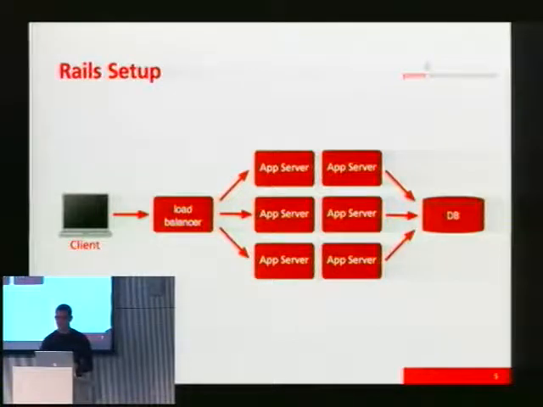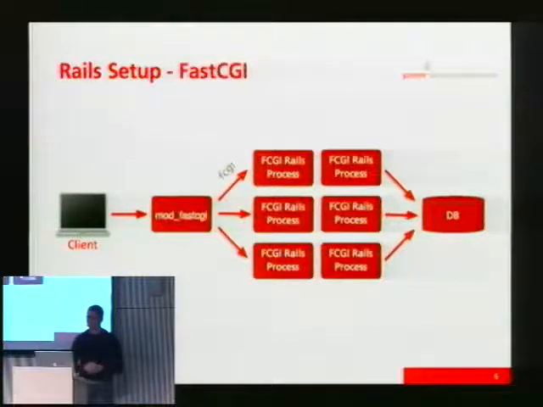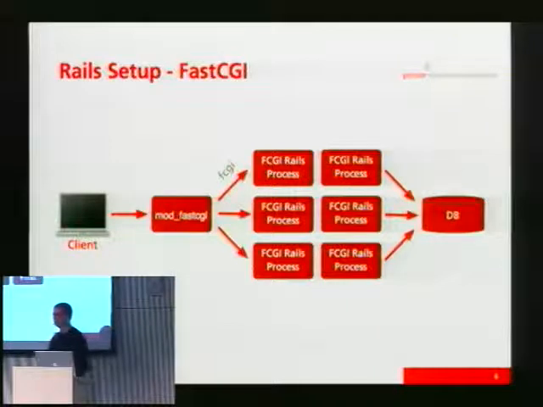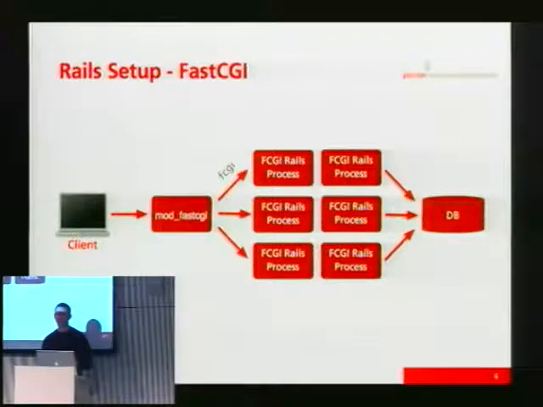There are two common setups. The first setup, used a couple of years ago, is FastCGI. You have an Apache or Lighttpd web server in front of your application, and you use FastCGI to communicate with your backend Rails process.